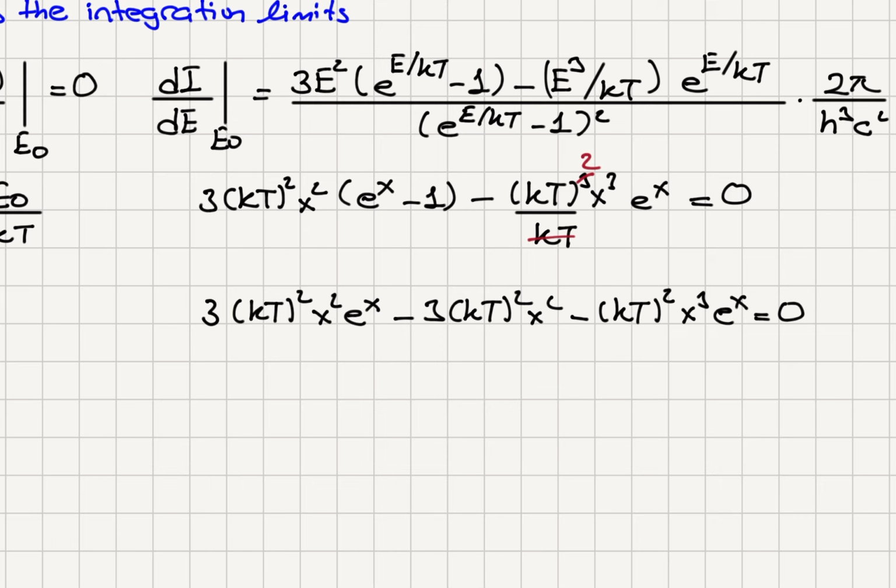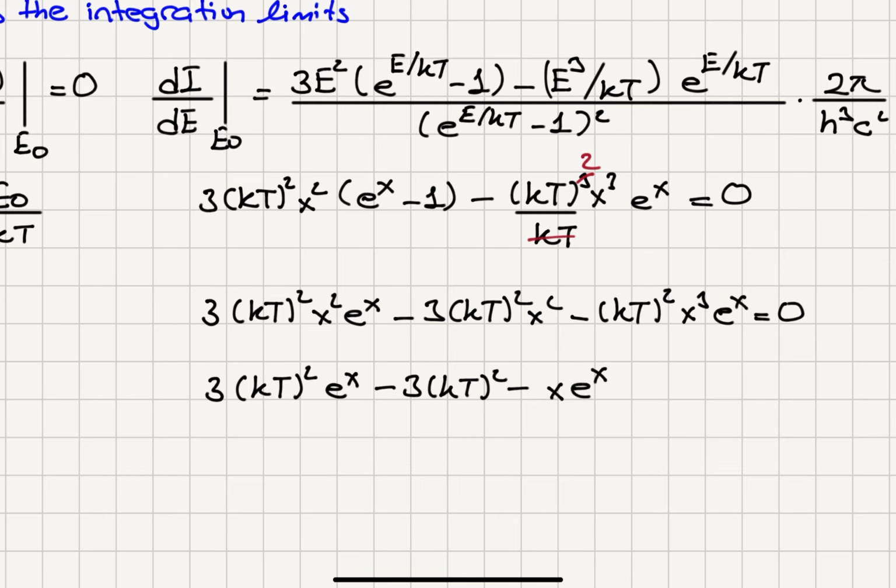And now we can divide it by x squared. So we have 3 kT squared e to the x, minus 3 kT squared, minus x e to the x kT squared, is equal to 0.